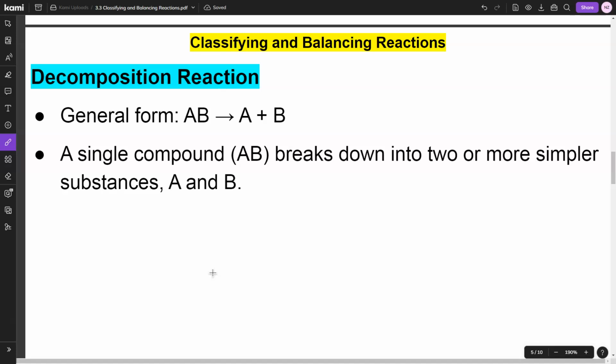Decomposition is the opposite. Look at the word decomposition. Think about when something decomposes, it breaks apart into smaller pieces. So we have this compound AB, and it is going to break apart into cation A and anion B. That's it. Those are the 4 types of chemical reactions.